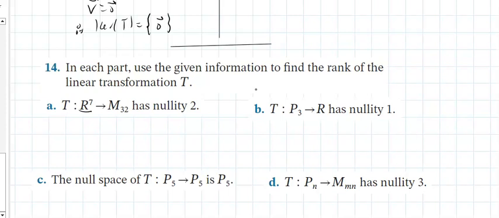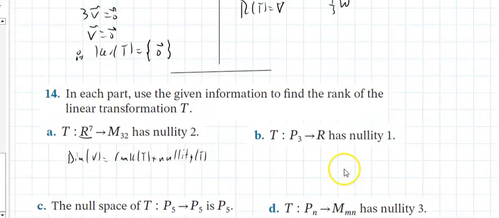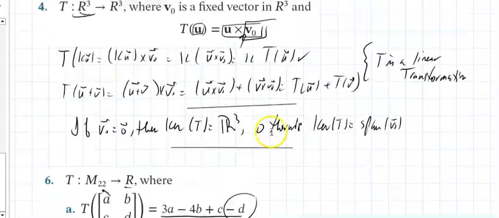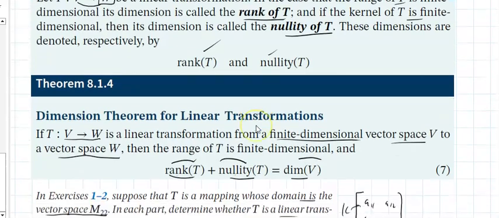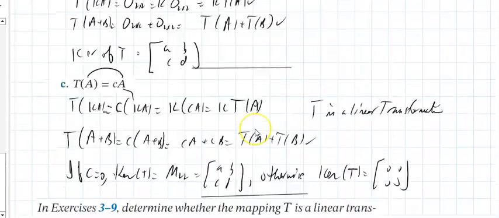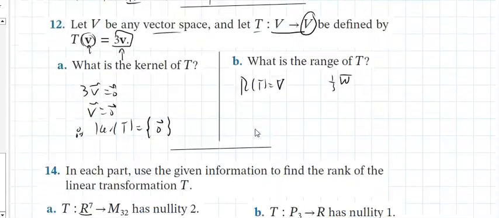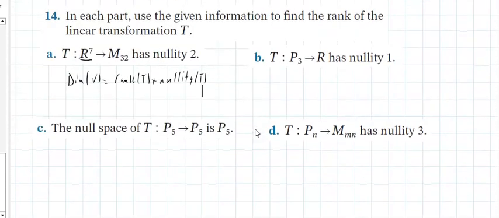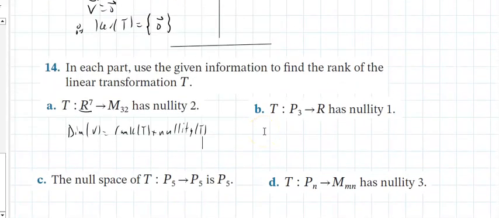The dimension of V will be the rank of T plus the nullity of T. In this case, the dimension of V will be 7.